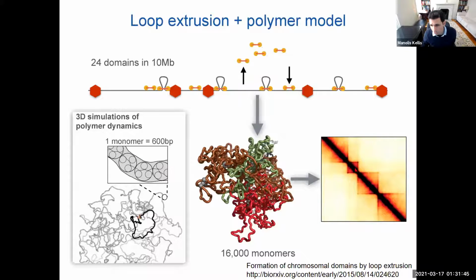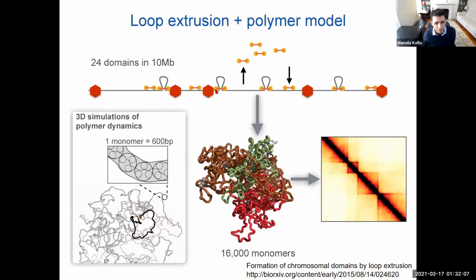So what people noticed across many different labs is that if you look at the boundaries of these topologically associated domains, you basically would find binding sites for the CTCF regulator, which is sometimes thought of as an insulator protein, but now recognized to be part of that loop extrusion process.